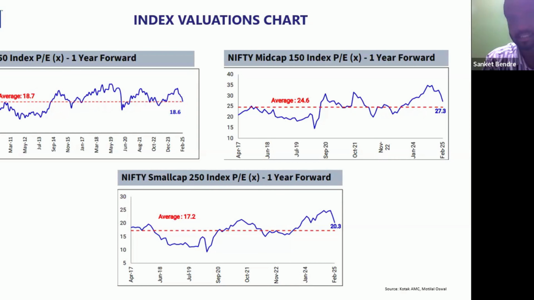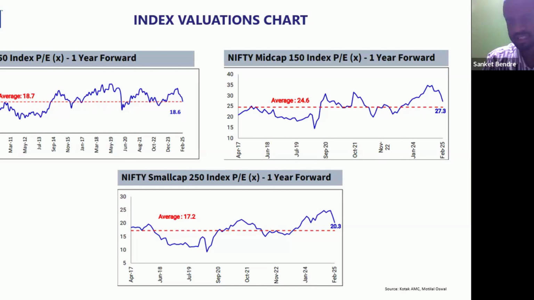As a result, this showed in the month of March, when we saw that FIIs have been coming back, and this is further proof that the valuations have been coming down for most of the companies listed in the Nifty 500.